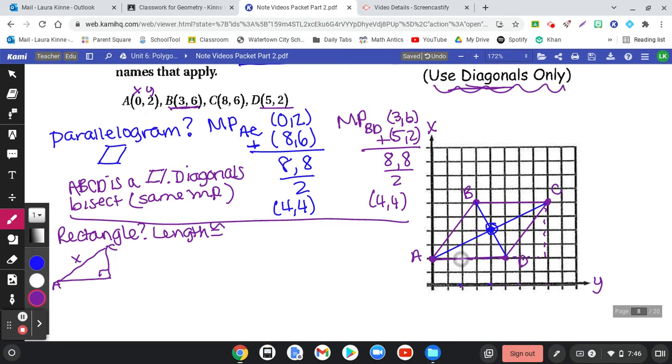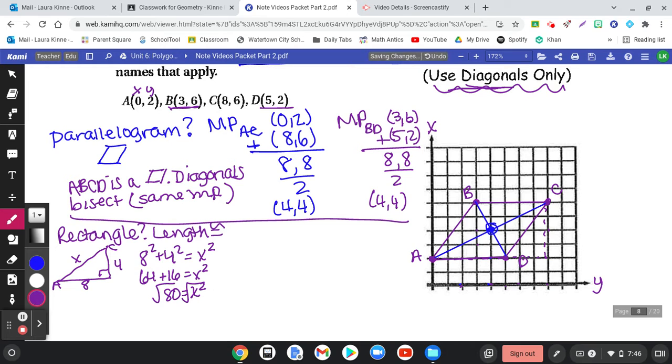And then we've got 2, 4, 6, 8, and then 2, 4. So 8 squared plus 4 squared equals x squared. 64 plus 16 equals x squared. So 80. And you could have just typed that into the calculator. Take the square root of both sides.